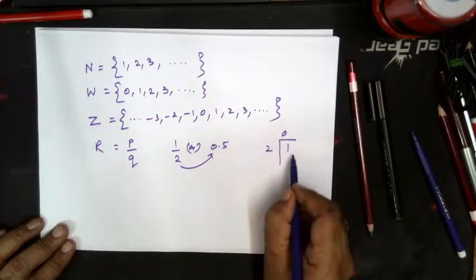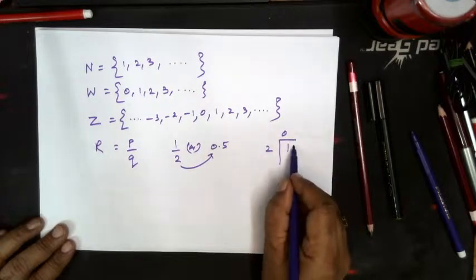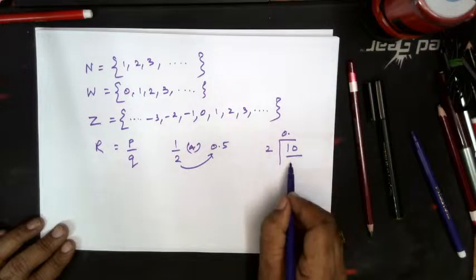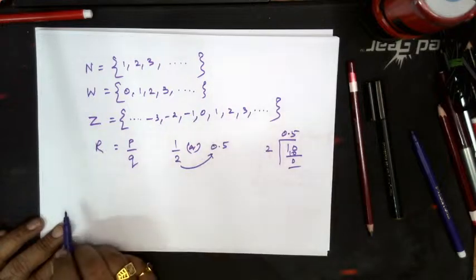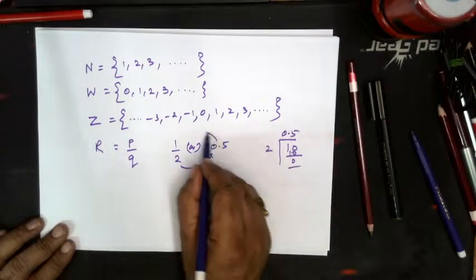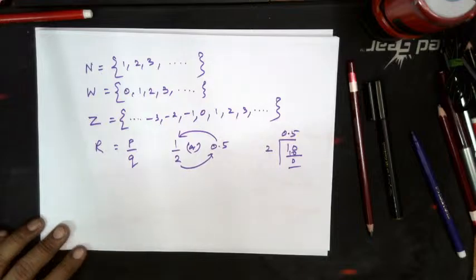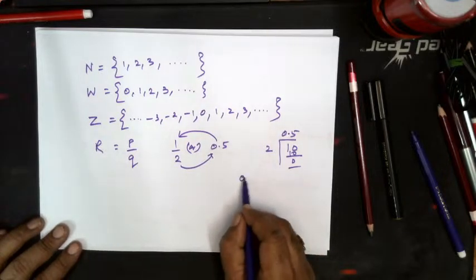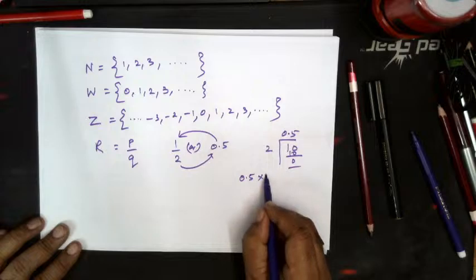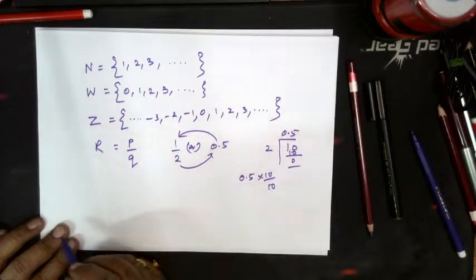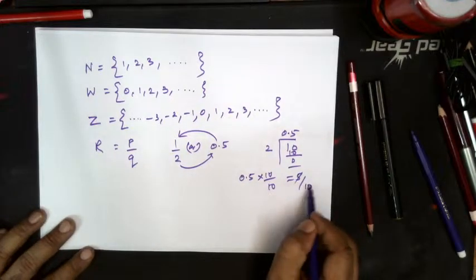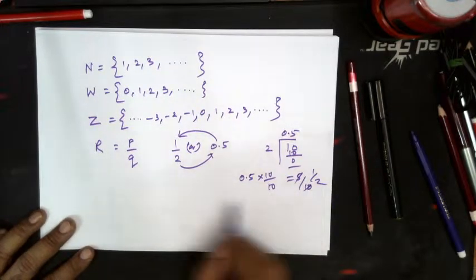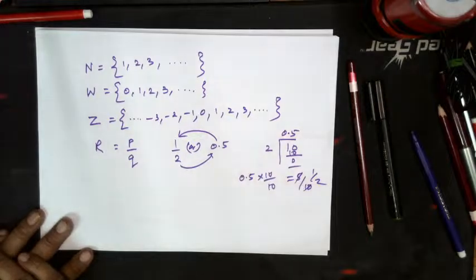So 0, then you can add 10, and then 5 times 2 is 10. Is it not? Similarly, this can be converted into a fraction. How? That is 0.5, multiply and divide by 10. So it becomes 5 by 10. You can strike out and it becomes 1 by 2. So likewise, we can convert decimals into fractions and fractions into decimals.